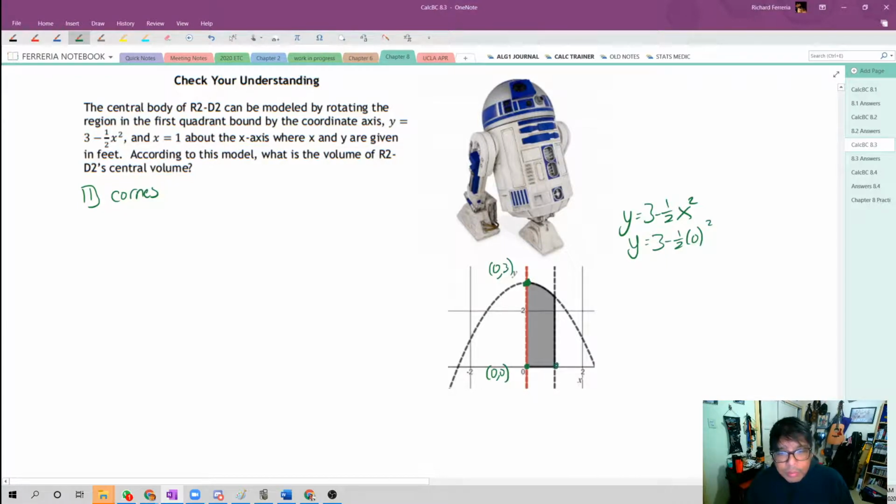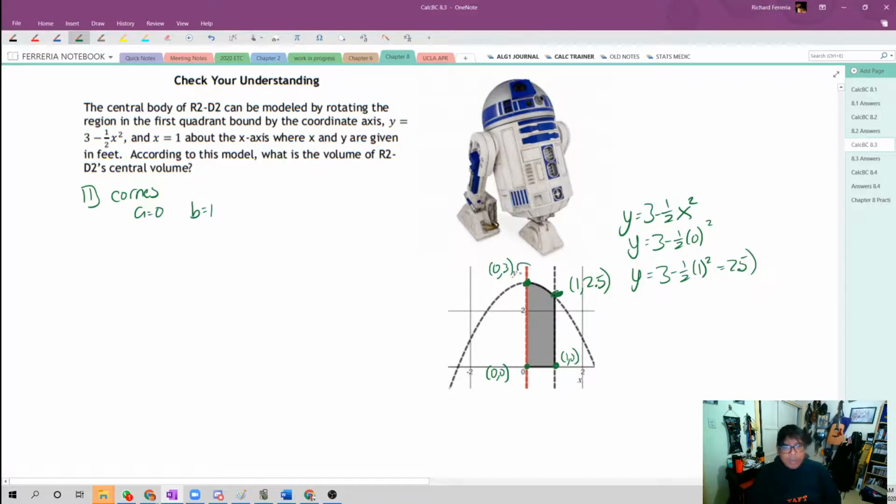Down over here, our boundary curve is x equals 1, so that is 1, 0. And over here, that is going to be y equals 3 minus 1/2 times 1 squared, so that's 2.5. So 1 and 2.5. Okay, it looks like my minimum value of x is going to be 0, and my maximum value of x is going to be equal to 1.